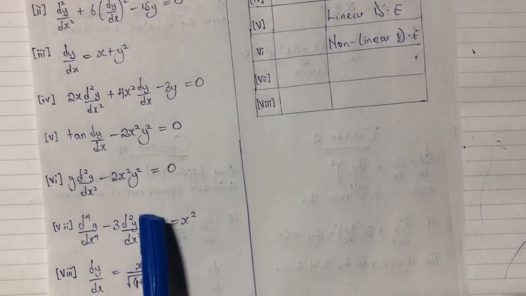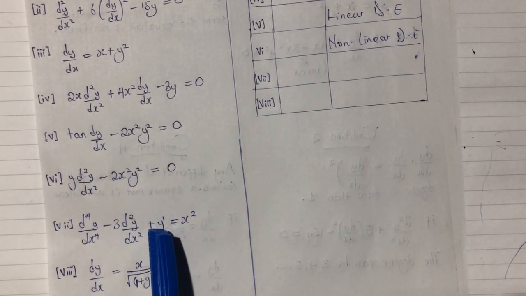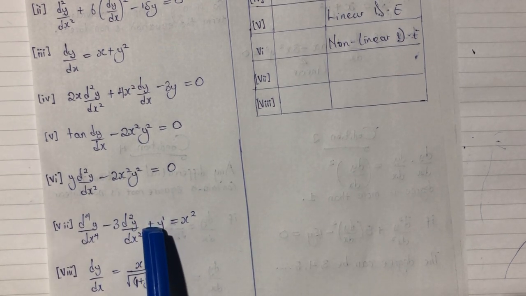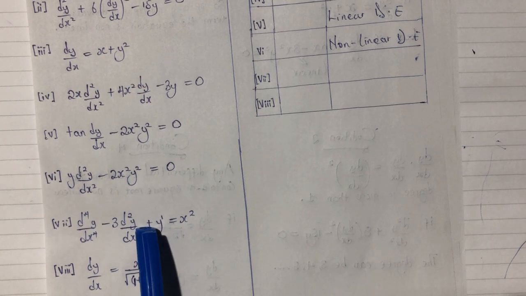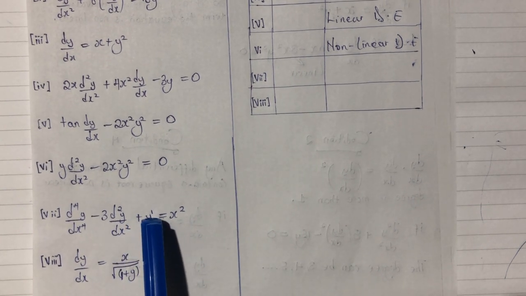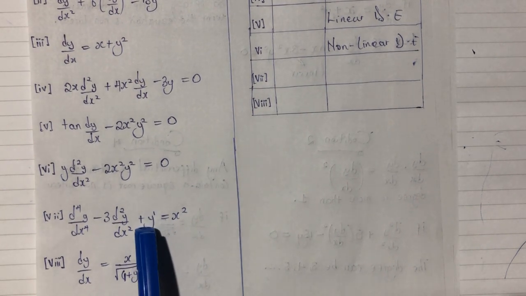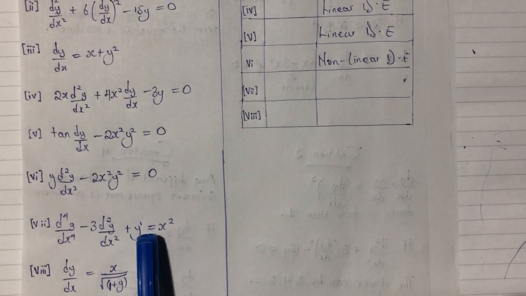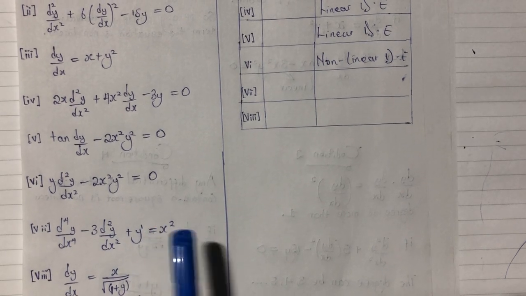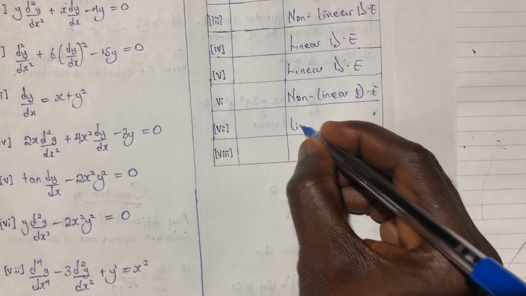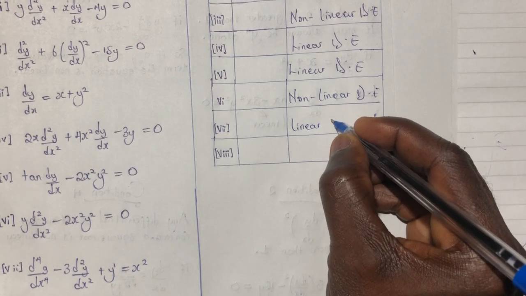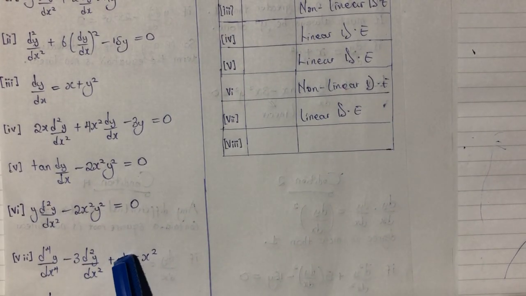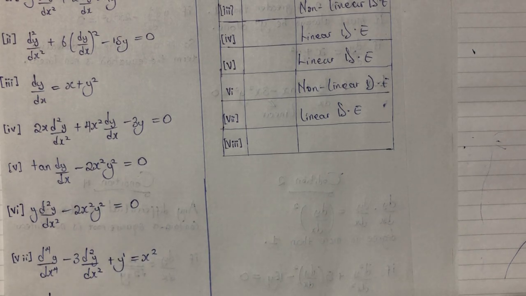So this is a linear differential equation. This is a linear differential equation because of this condition. Y was standing alone, but the power is equal to 1. So we have linear differential equation. For this to qualify to be nonlinear, the power should be greater than 1.